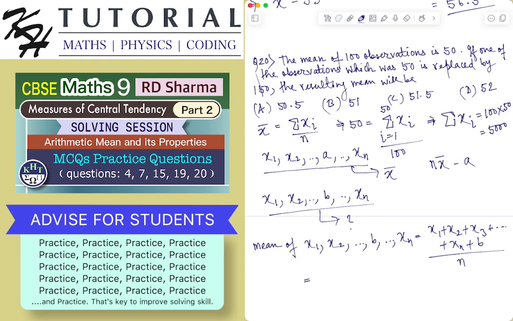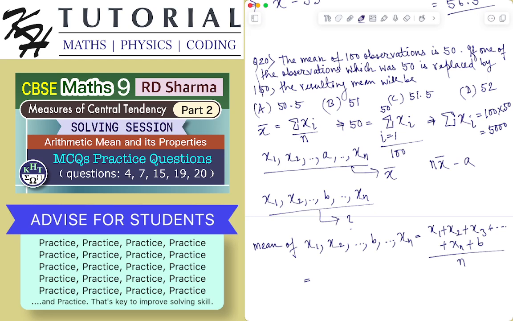So the sum of the observations excluding a will be n x bar minus a, and then I am adding b. Actually a is being replaced by b. Replacing a by b I am considering in a different way. First I am removing a and then I am adding b.